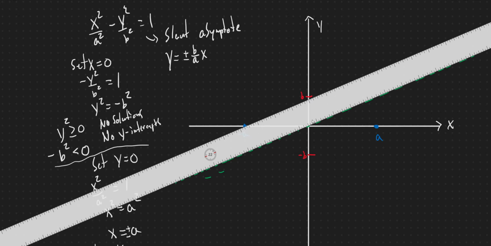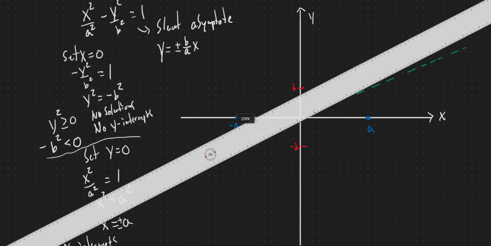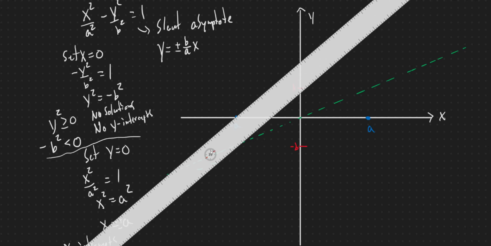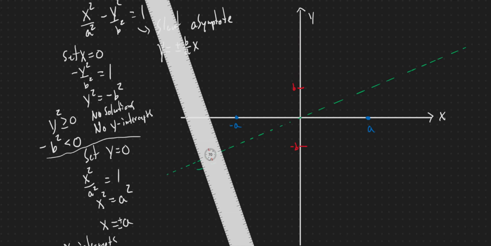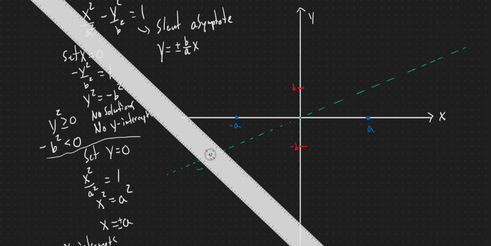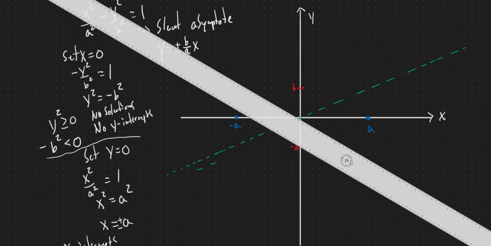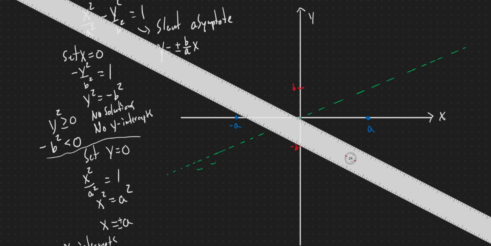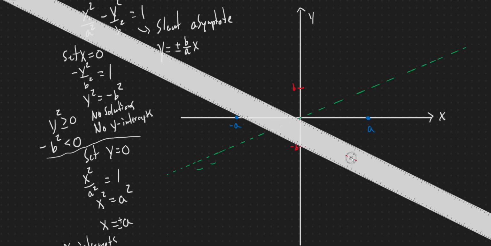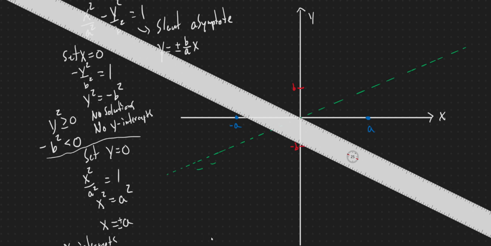So I'm also going to plot negative b over a, and that's just going to go in the other direction here. There, that looks about right. Go ahead and plot that line.